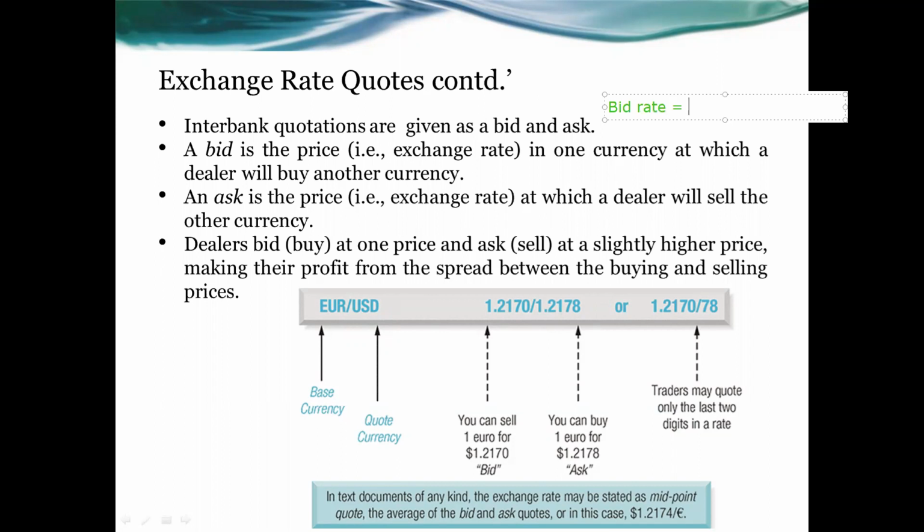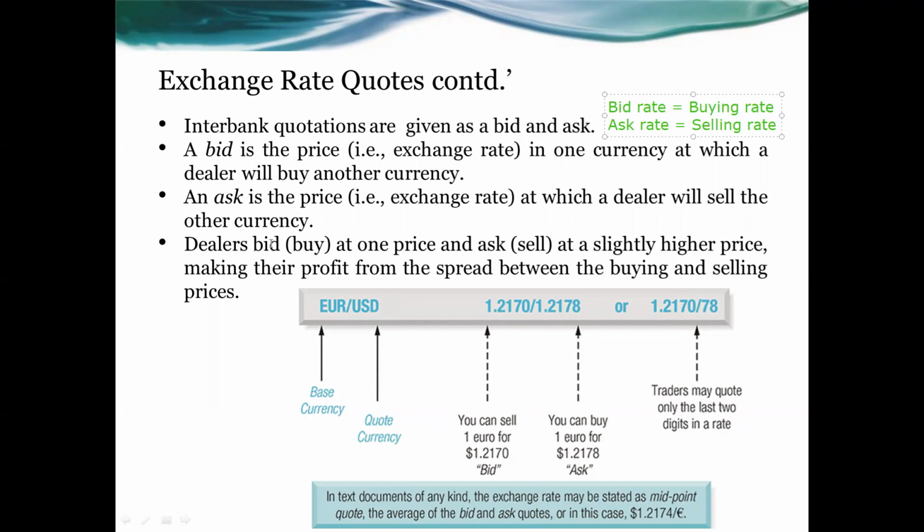Normally bid rate means our buying rate, and the ask rate is the selling rate. So bid rate means where the bank is ready to buy foreign currency from an outsider or other party, and ask rate is where the bank is willing to sell its currency to the other party, that means an outsider. Normally bid rate is low, ask rate is high.